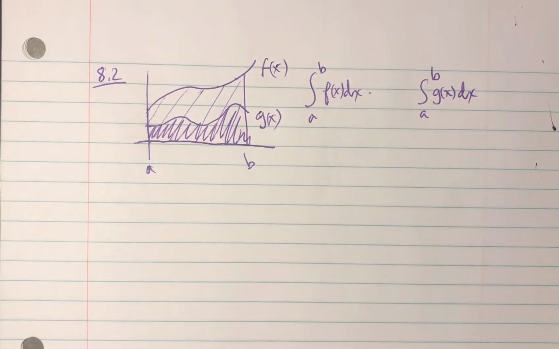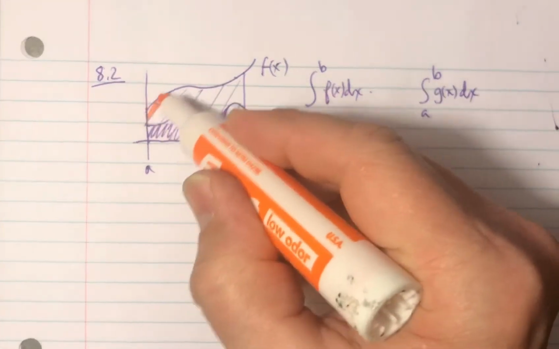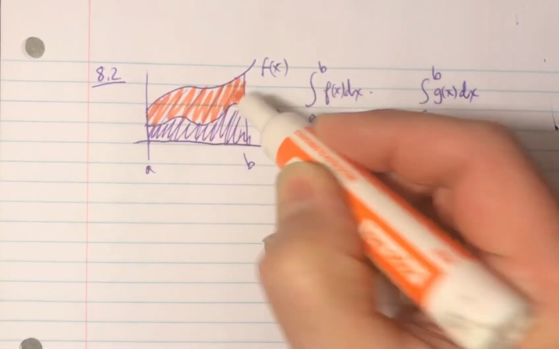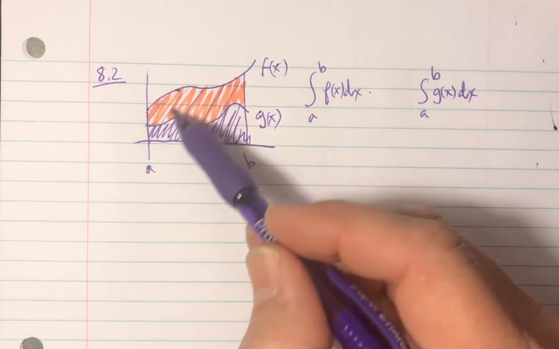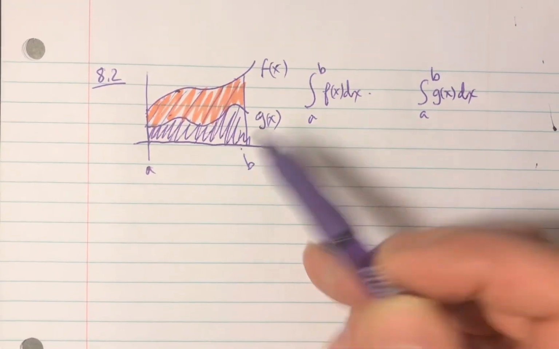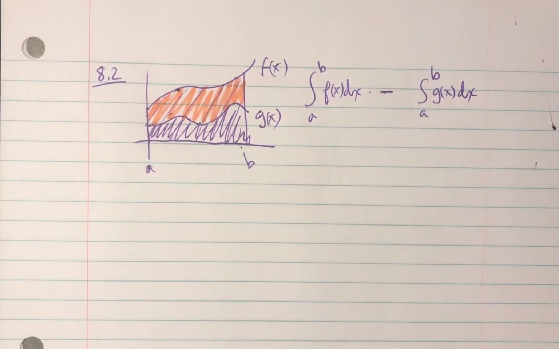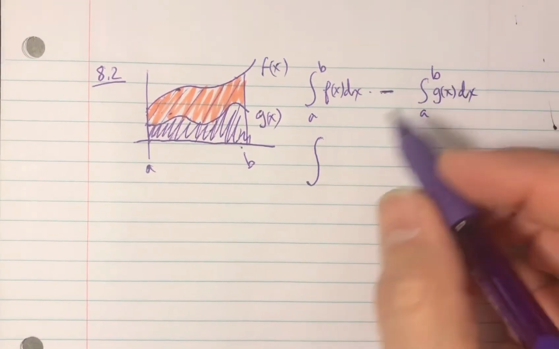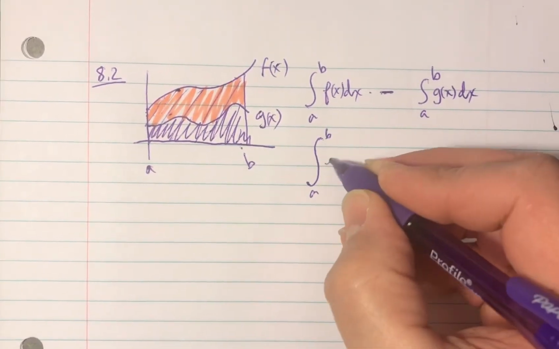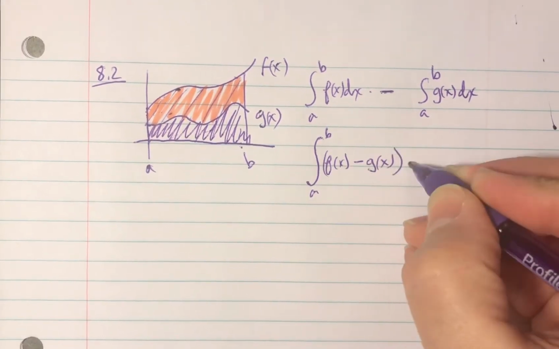But if I wanted to find the area between these two curves, this orange region, what I could do is take the area under f of x and subtract the area under g of x. And what we'd end up getting then is the integral from a to b of f of x minus g of x.